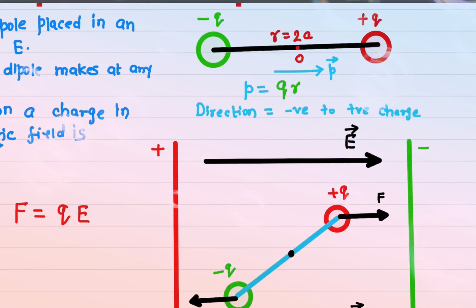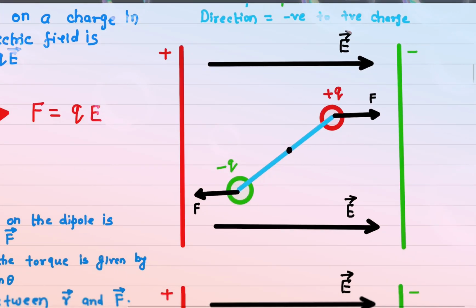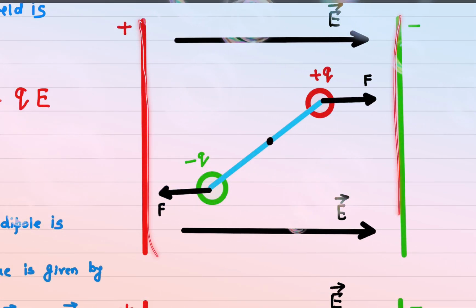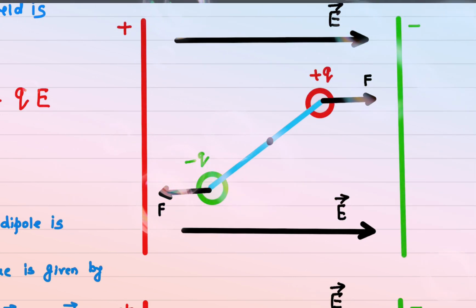Here we're going to talk about what happens if we place a dipole in an external electric field. So here is the situation. We have a uniform electric field between two parallel plates. The direction of the electric field is from positive to negative charge.